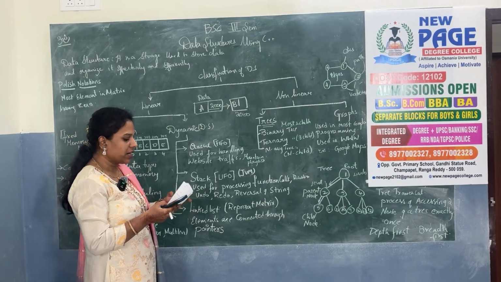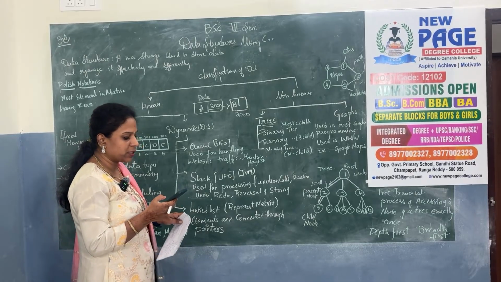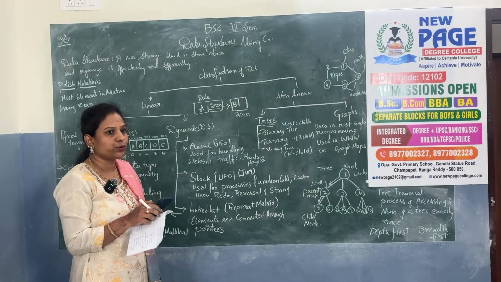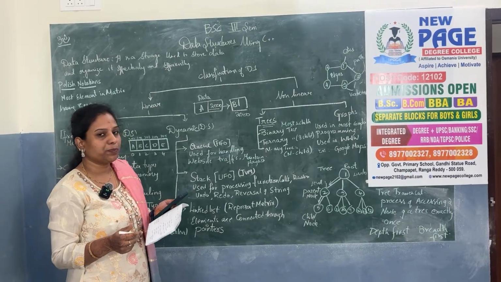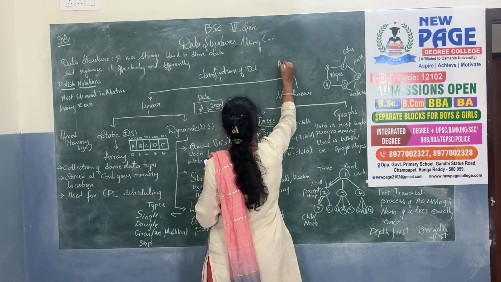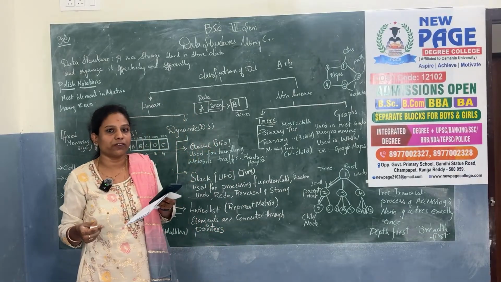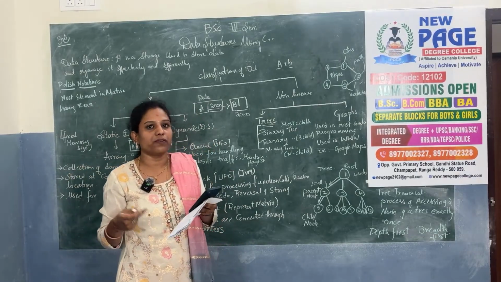And again, the next question we can consider is the process of expression evaluation and conversion using a stack. So what is an expression? Consider any expression. What is evaluation of an expression?